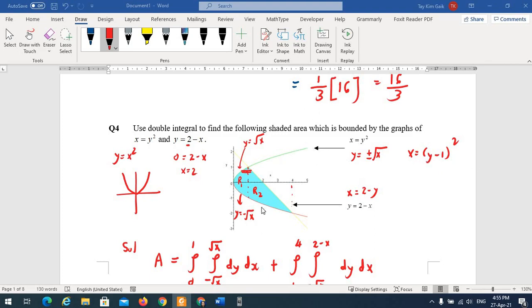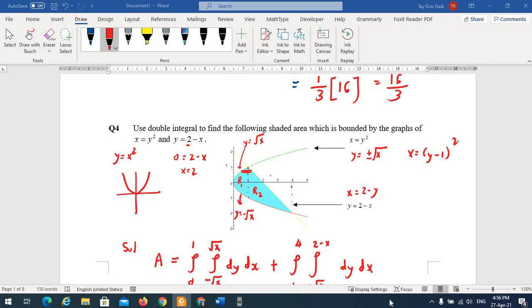This is the curve x equals y squared. So if y is minus 1, the graph will be shifted up 1 unit. We move up.